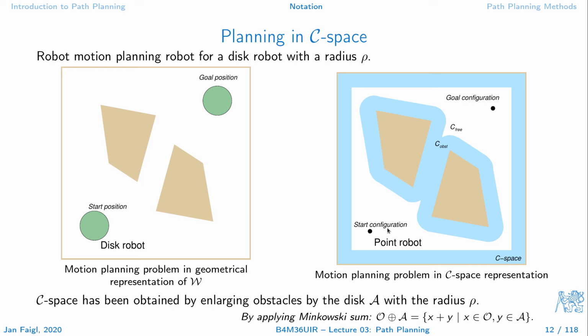So this is not the world model, even though it can look like that, because that's still 2D, but it's a configuration space. And if our robot, in this case, is omnidirectional and its shape is a disk, we can easily create such a representation where we are not planning for a disk robot, but we are planning for a point robot in a configuration space, because these are C obstacles, they are not allowed.